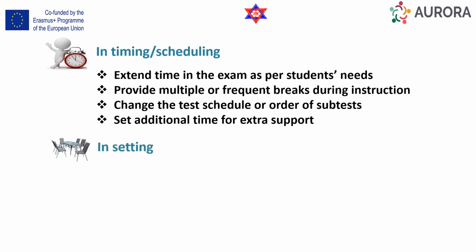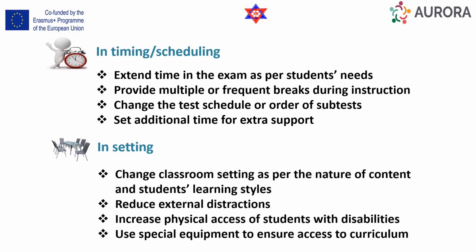We can also use differentiated instruction in environmental setting. Changing the classroom setting for the nature of content and students' learning style is an example of differentiated instruction, as are reducing external distraction, increasing physical access of students with disability by using universal design for learning, and using special equipment to ensure access to the curriculum.